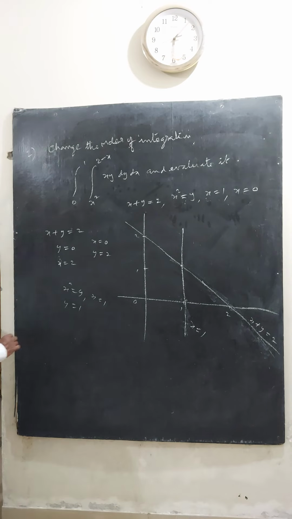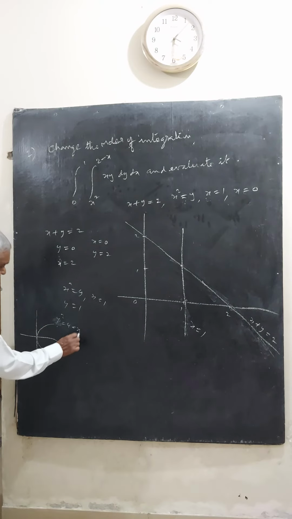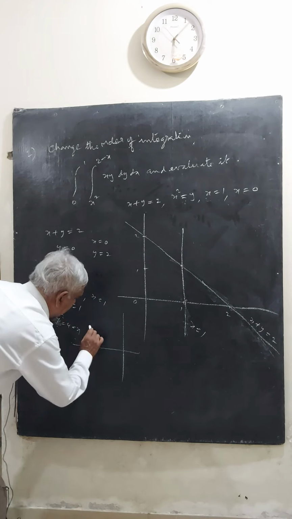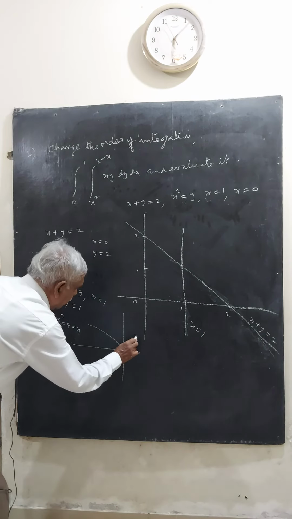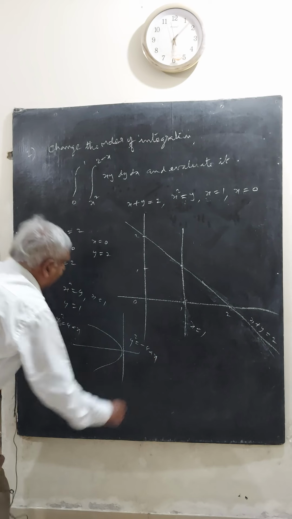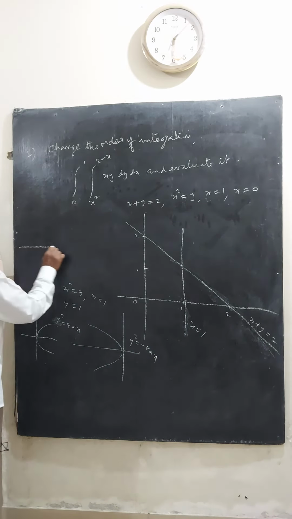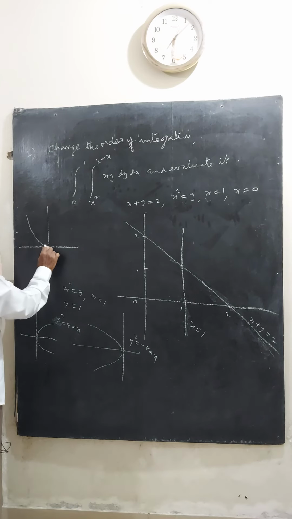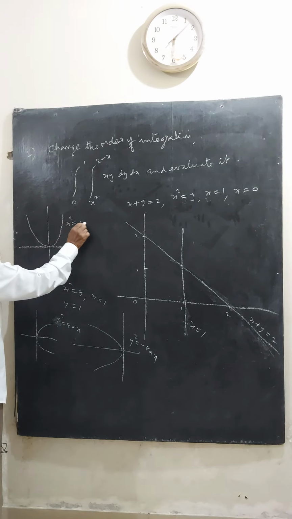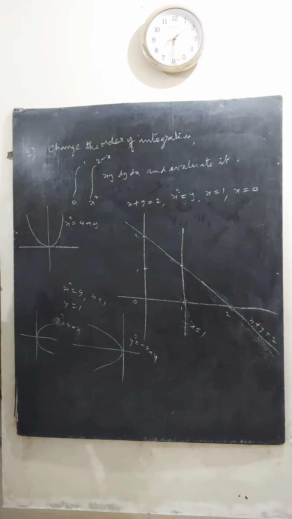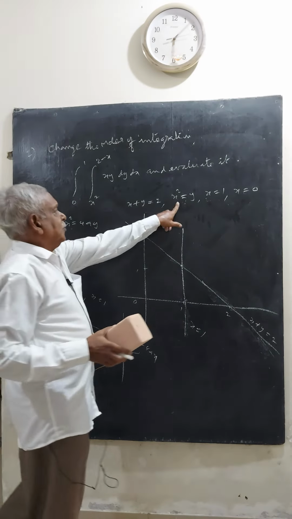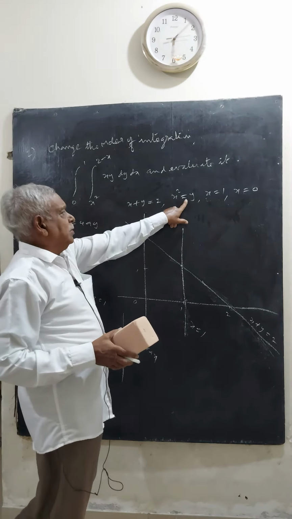Shapes of the parabolas are, this is y squared equal to 4ax. This shape is y squared equal to minus 4ax. This shape is x squared equal to 4ay, the upper open shape.